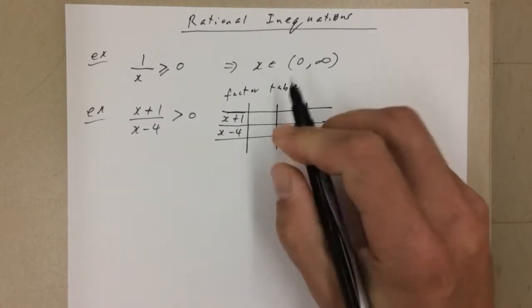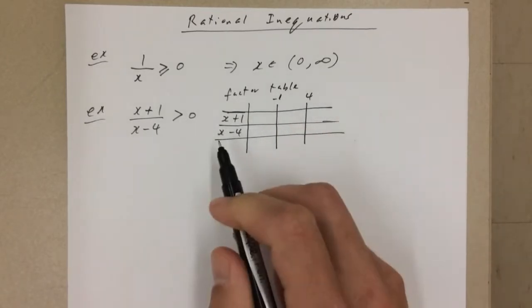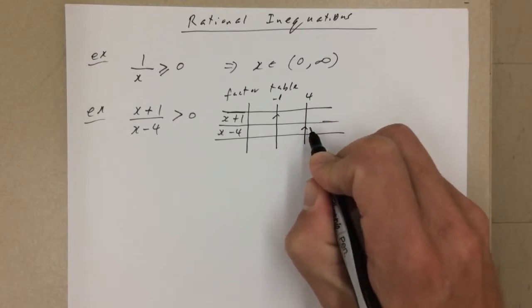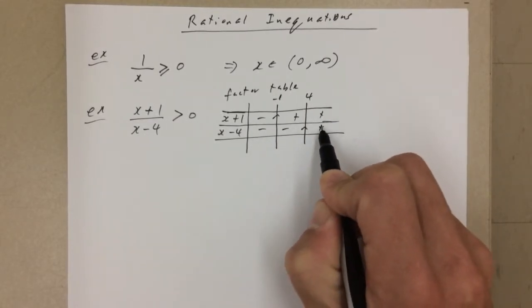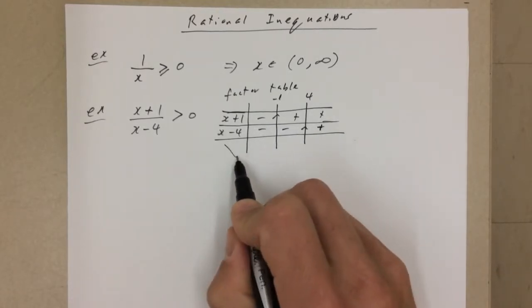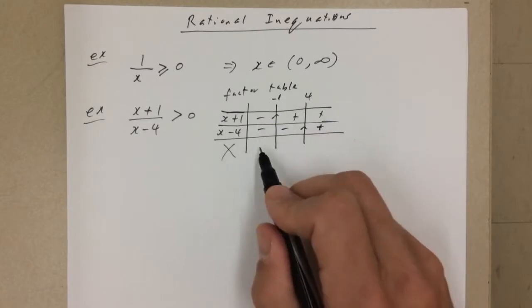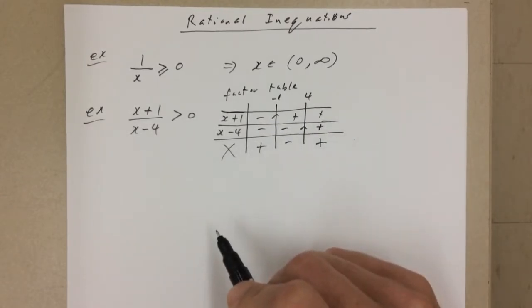So if we multiply these two factors, we get the same signs as if we divided. So we're going to make the breakpoints here -1 and 4, just like we did before. So this is going to change signs there, this is going to change signs there. Negative, negative, negative, positive, positive, positive. Okay? And if we multiplied those two, it's kind of like dividing them. Then we get positive, negative, positive.